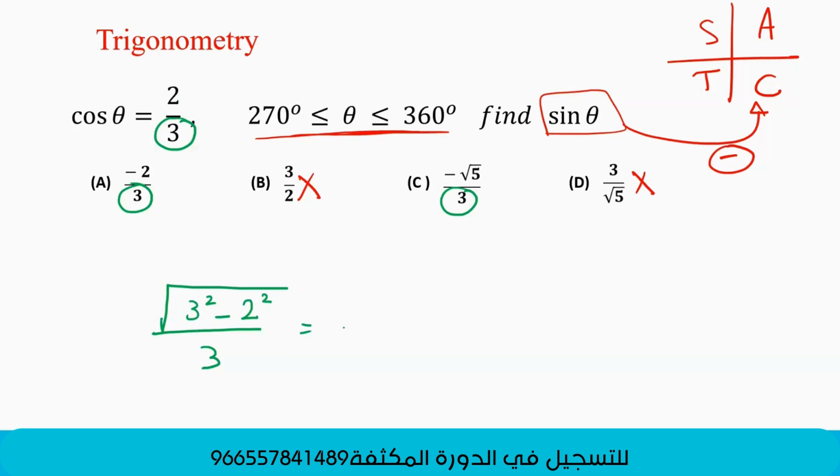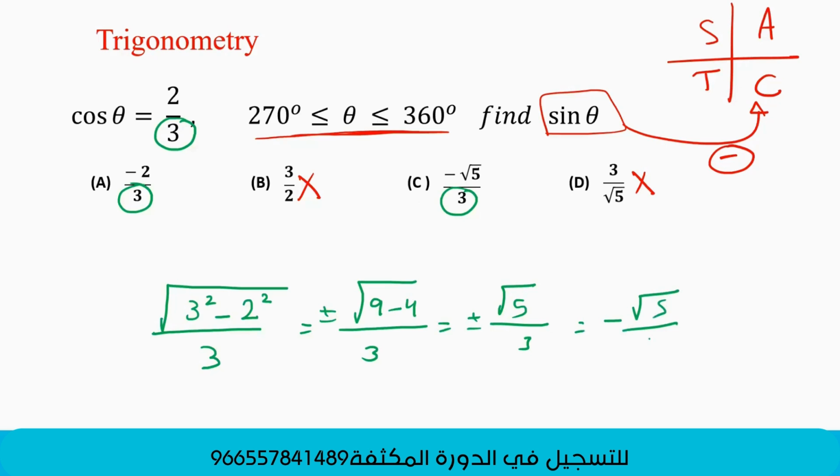So this is going to be plus or minus square root of 9 minus 4 over 3. So this is going to be plus or minus square root of 5 over 3. In this case, since we know it's negative, this is going to be negative square root of 5 over 3. So the answer is C. So I have 3 different things to check to do the problem. The third one with calculation, if you do it from the beginning, you're good. Okay?